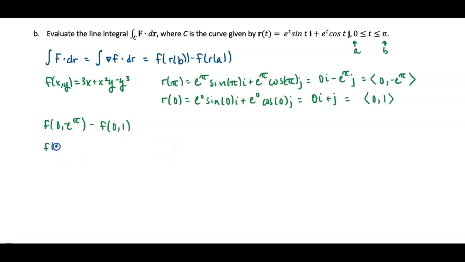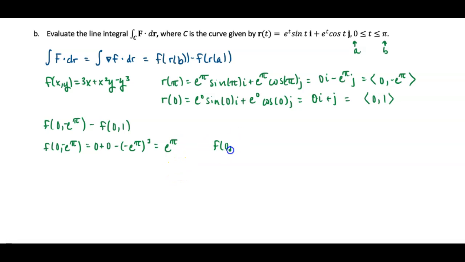And f of 0, negative e to the pi, is just going to be 3x, which is 0, plus x squared y, well x is 0, so that term's just going to be 0, minus y cubed. And a negative e to the pi cubed, well, this is going to still be a negative times a negative, which is a positive e to the power of pi.